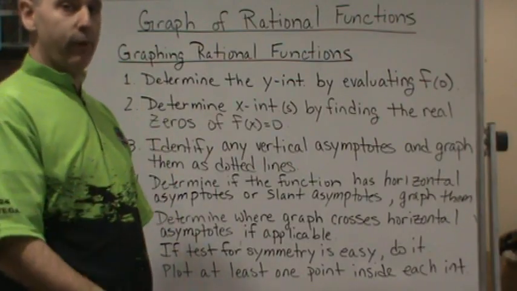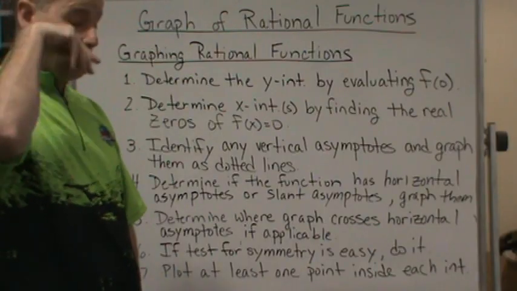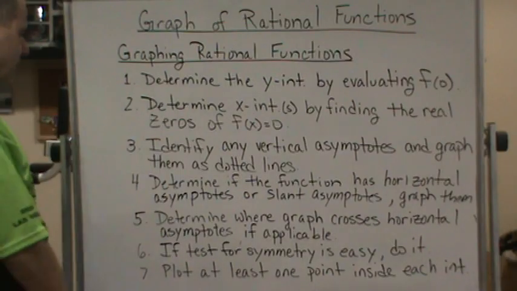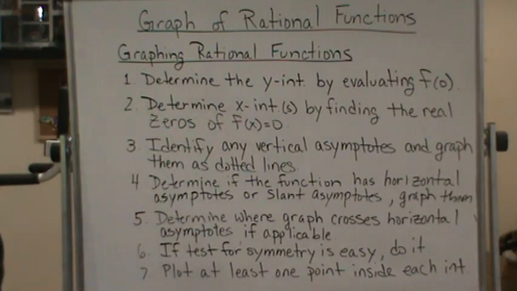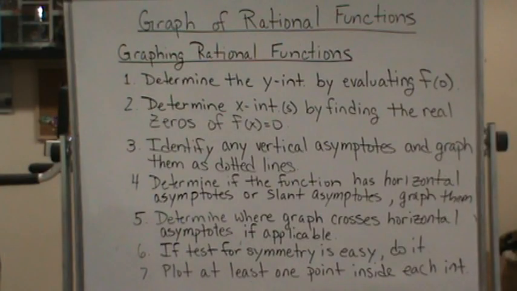Remember, if you want to find the vertical asymptotes, you're going to set the denominator equal to 0, right? And that's step number 3. Step number 3 is identify any vertical asymptotes and then graph them as dotted lines, right? And again, how do you identify the vertical asymptotes if they exist?